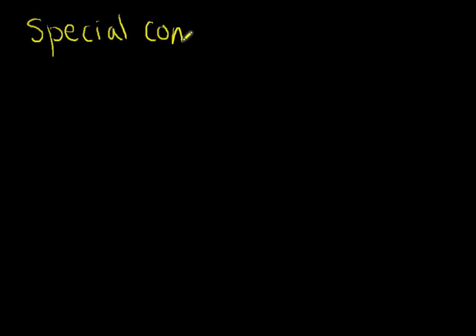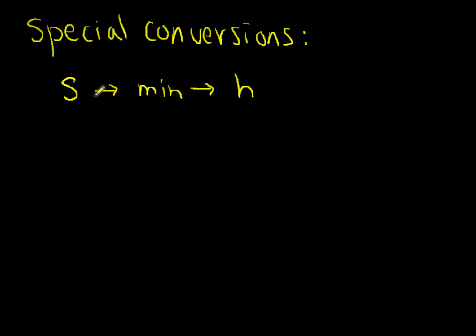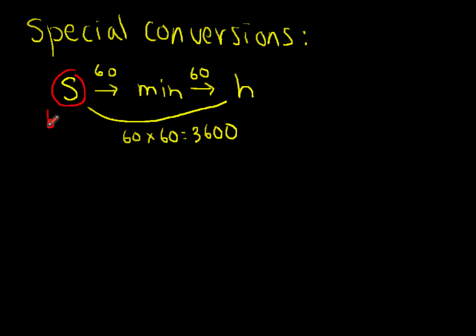Now, there are some special cases, or special conversions that you need to know about. You need to be able to convert from seconds to minutes to hours. We know there's 60 seconds in a minute and 60 minutes in an hour. And because of this, 60 times 60 is 3600, and there's 3600 seconds in an hour.